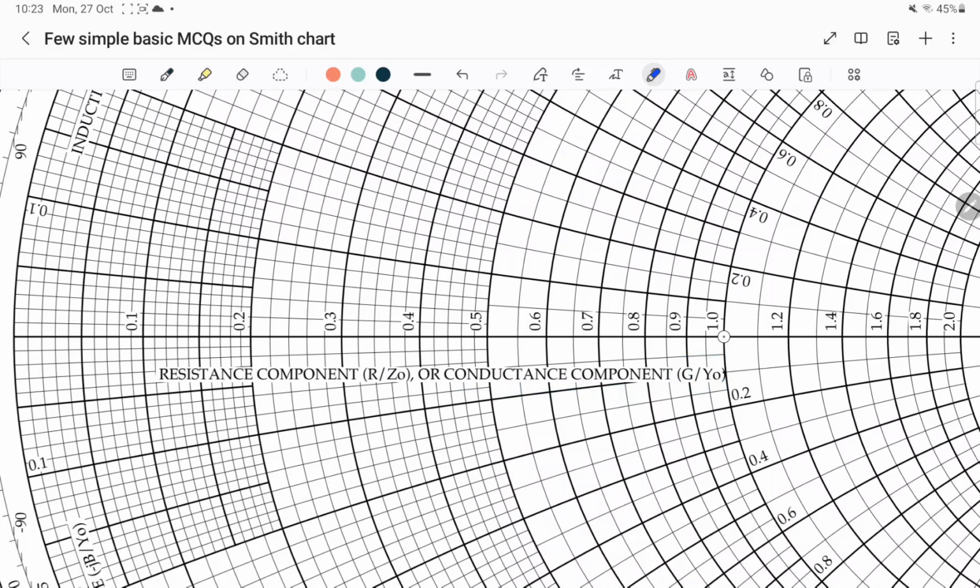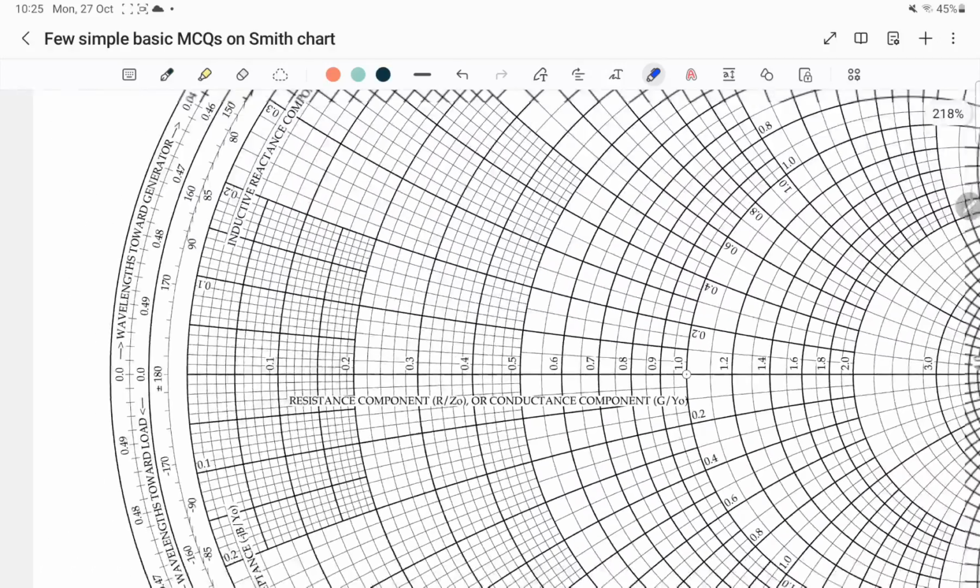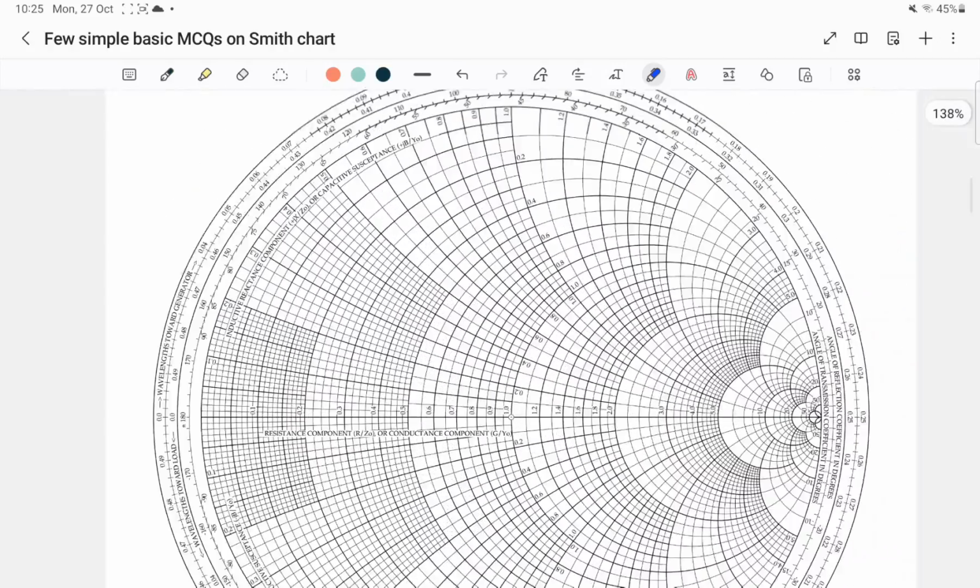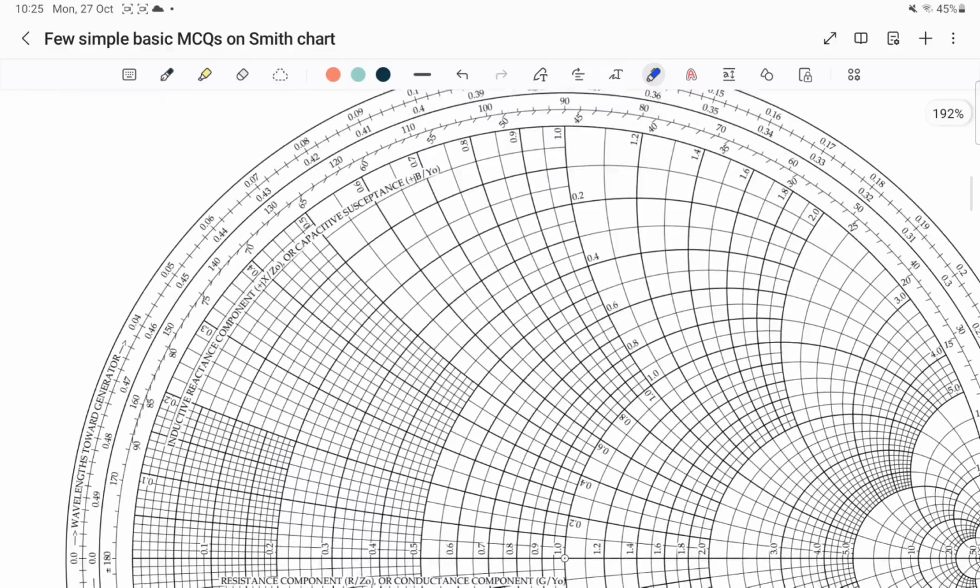We have already seen that R by Z0 is nothing but the normalized resistance. Similarly, G over Y0 is the normalized conductance.